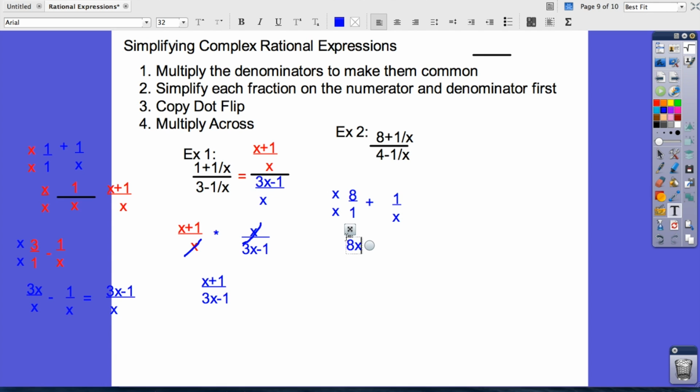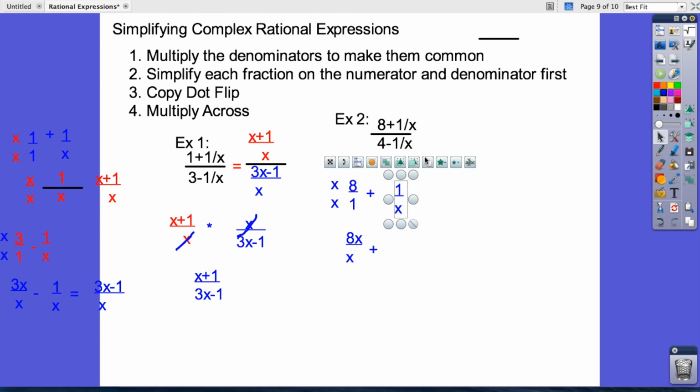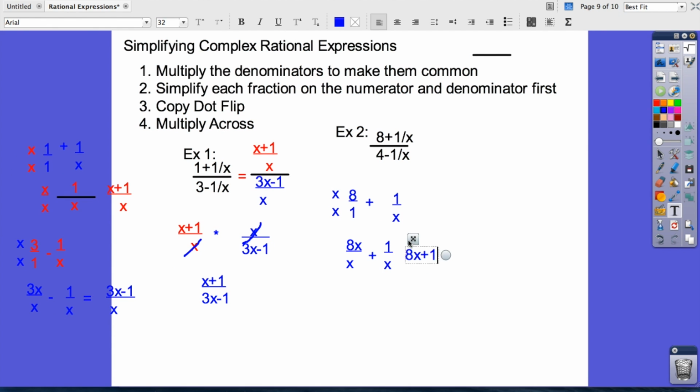We're left with 8x divided by x, plus 1 divided by x. And so when we add that, we get 8x plus 1 divided by x.